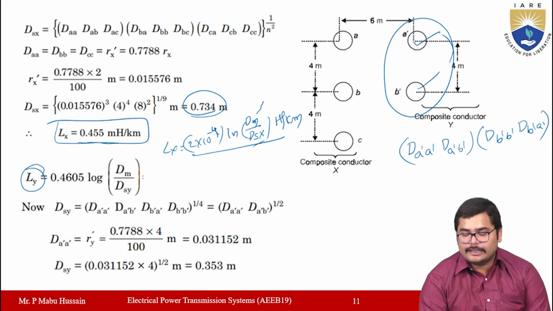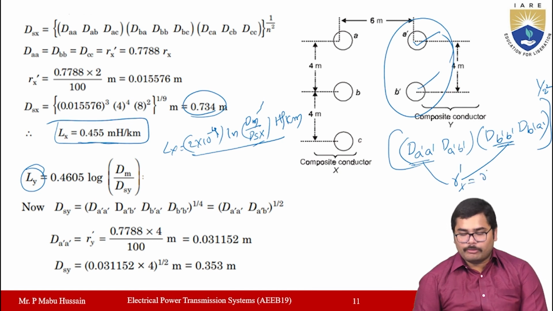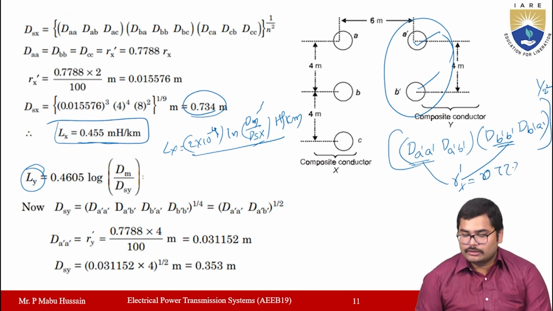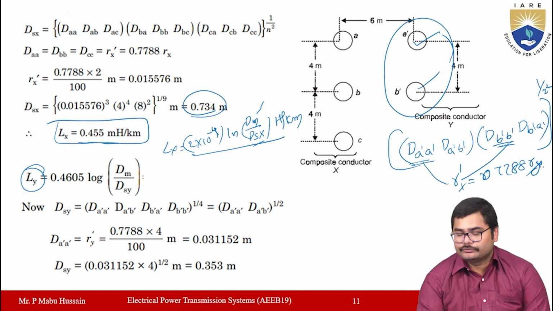And these A dash and B dash values are the same, which will be equal to Ry dash. And this Ry dash will be equal to 0.7788 times Ry. Here in the problem Ry is given as 4 centimeters. If you want to convert that into meters, you have to divide by 100.